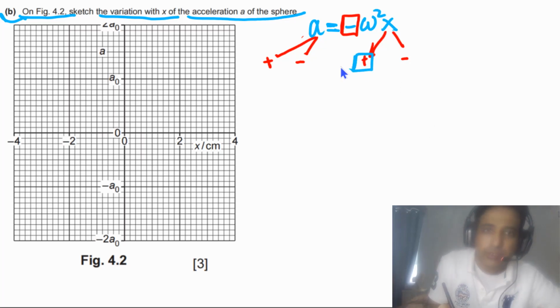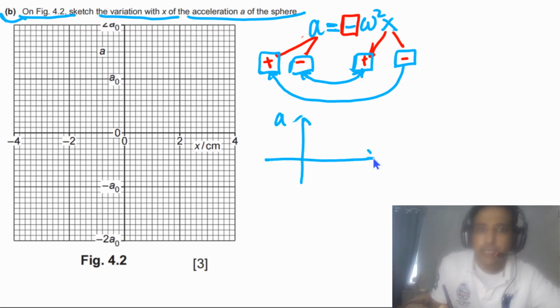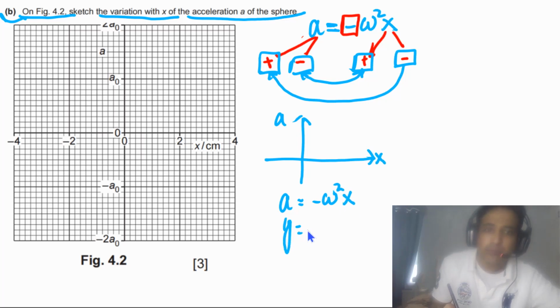We can also circle them. So when x is positive, a has to be negative, and when a is negative, x has to be positive. These are the points we need to understand. Now let's understand, if we sketch a graph with a on the y-axis and x on the x-axis, what will be the shape of the graph? Here we have a equal to minus omega squared x, and if we compare this with the straight line equation, this is the gradient.